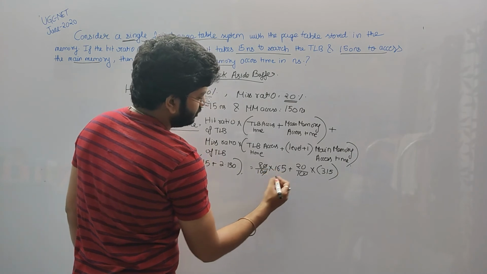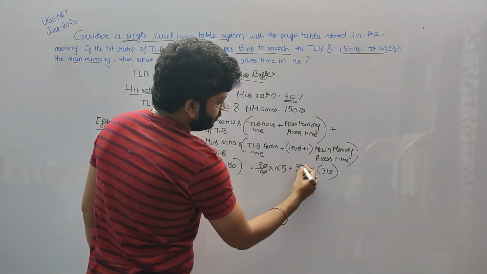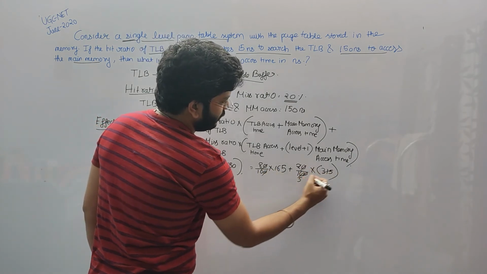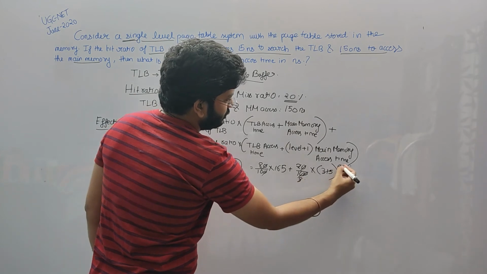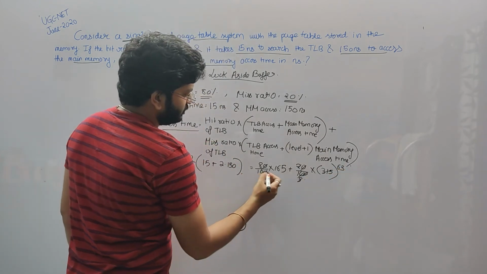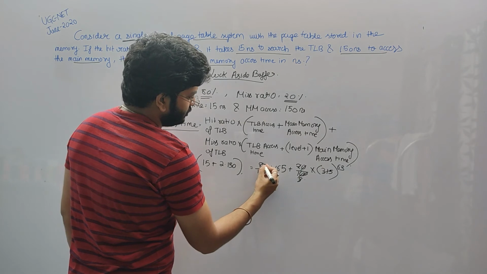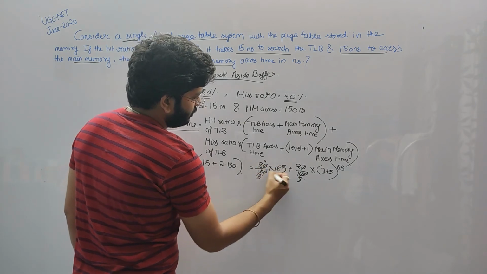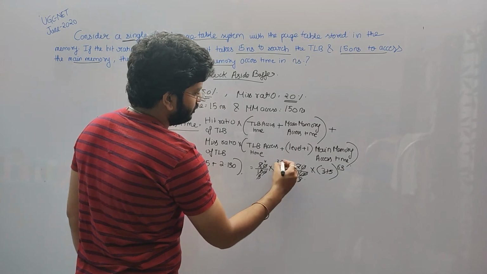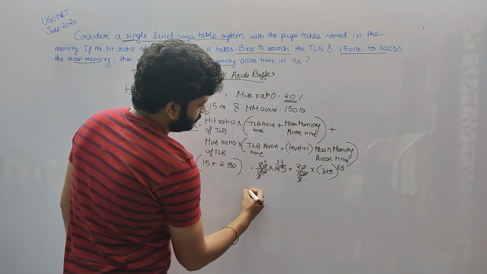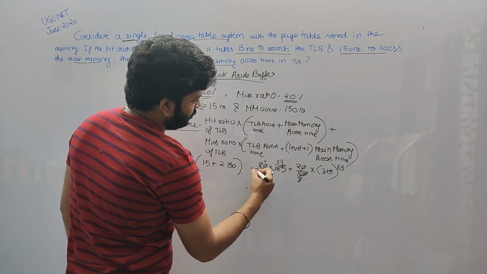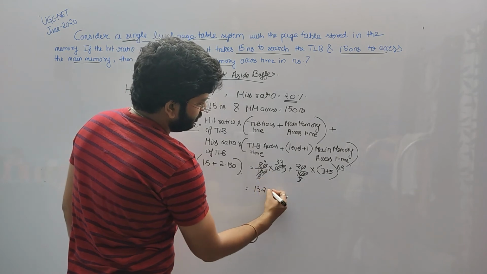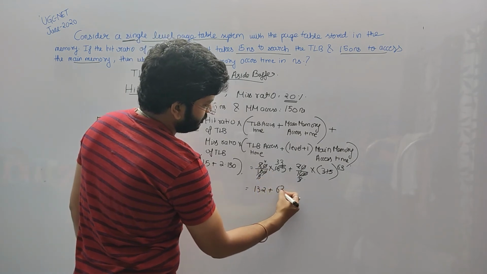Striking out zeros, 8 into 16.5 is 132, and 2 into 31.5 is 63.